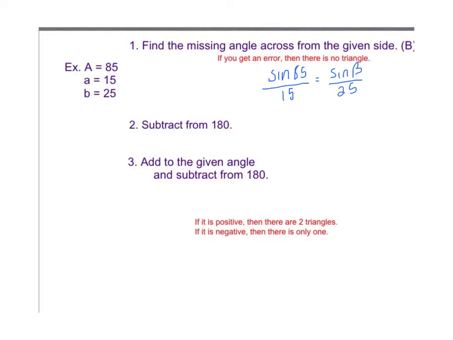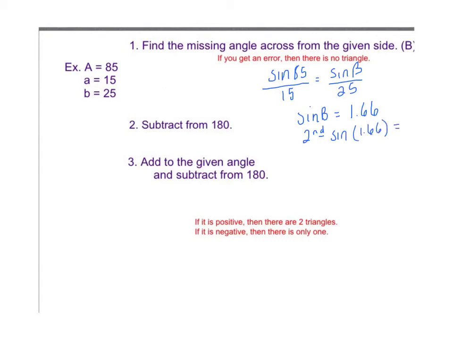And we're going to get that the sine of B is equal to 1.66. Now remember from before when we said one of the things is that sine has to be between -1 and 1. But just to prove it, I want you to hit second sine of 1.66 on your calculator.